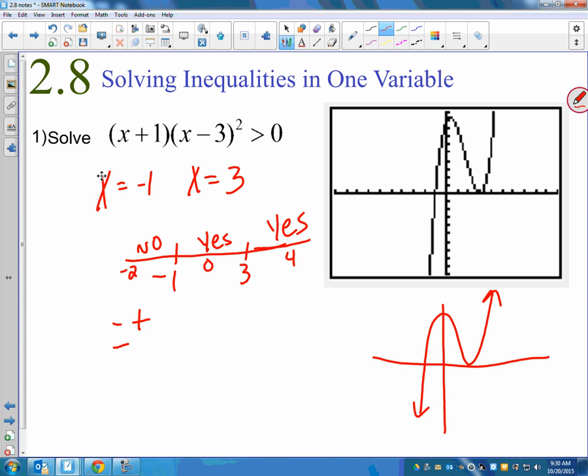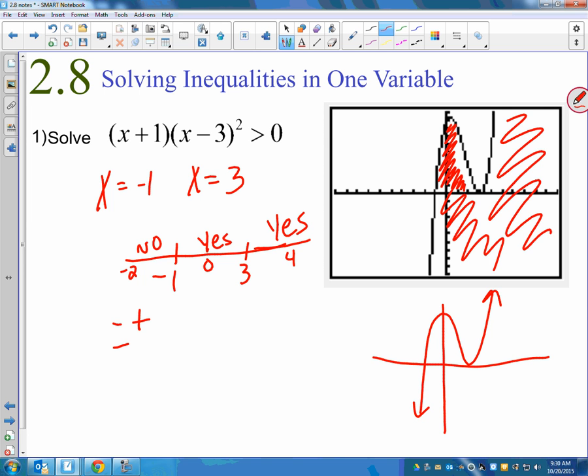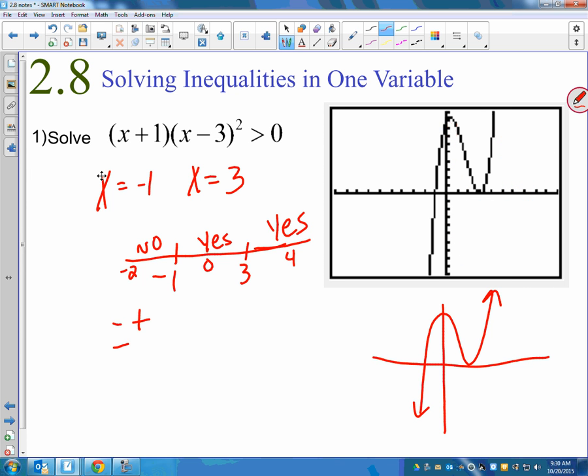We're shading everything between here, right? Between -1 to 3 and everything on this side. So what happened here is we shaded everything below the curve is actually what happened on that problem. That would have been hard to tell without graphing it, but that's what we just figured out.